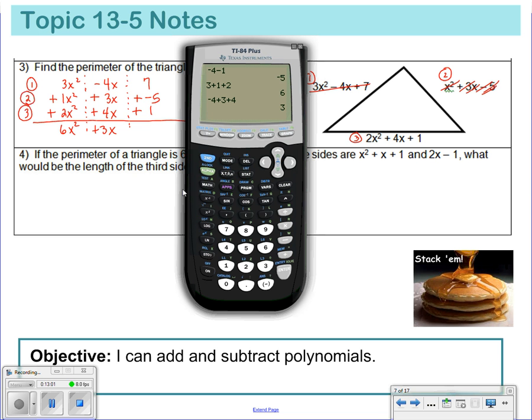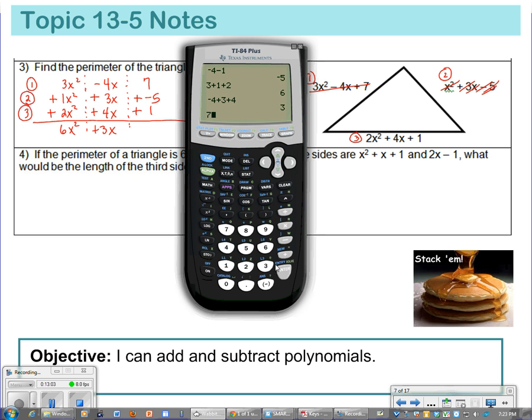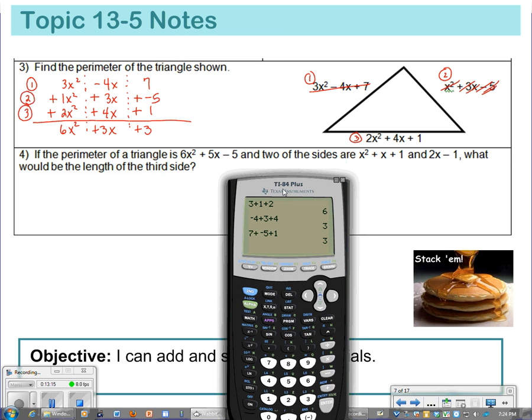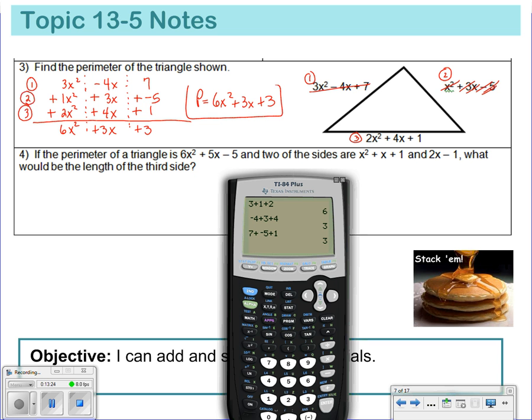Still have an x there. And last, we have 7 plus a negative 5 plus positive 1 gives us a positive 3. So when we answer this question, the perimeter is equal to the polynomial 6x squared plus 3x plus 3. It's a polynomial because we don't know what x is yet.